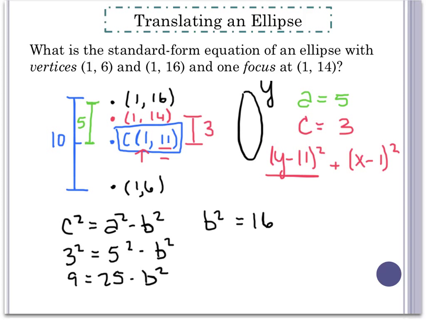Now underneath the y term, I'm going to have my a squared value, so that's going to be 25. And underneath our x term, we're going to have our b squared value, which is 16. And remember, it's always equal to 1. You must have it equal to 1. Because addition is commutative, I could rewrite this with the x term first, and it would still be correct.